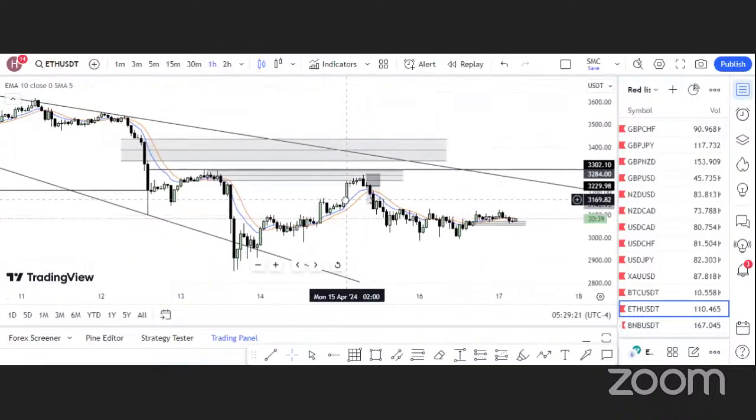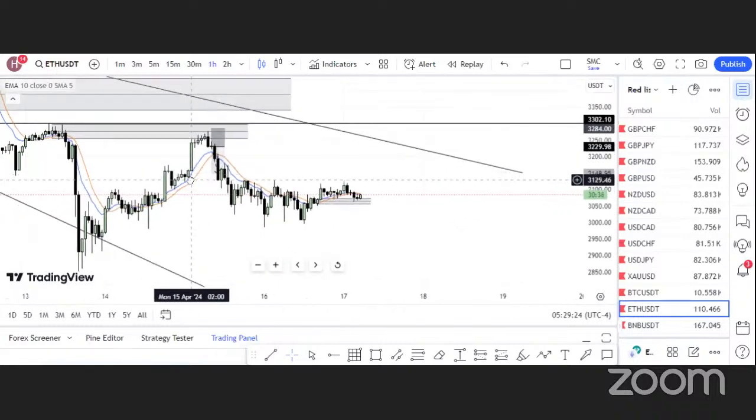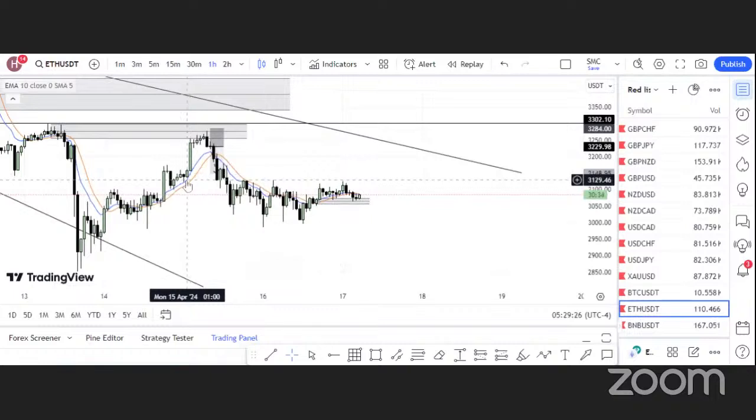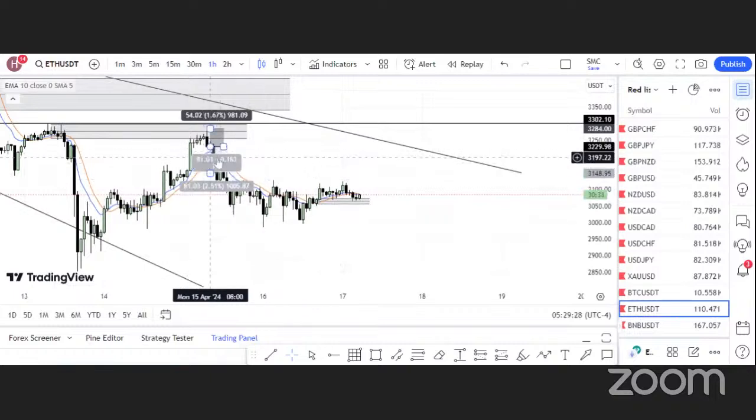That is why it is not advisable to trade both of them at the same time. I think the only time you can trade both of them is if you have a sentiment analysis where you have different opinions.